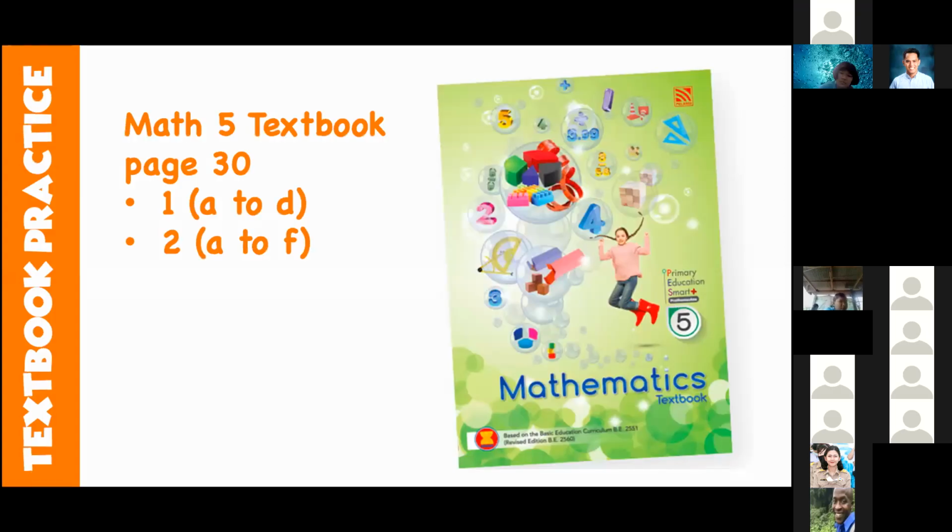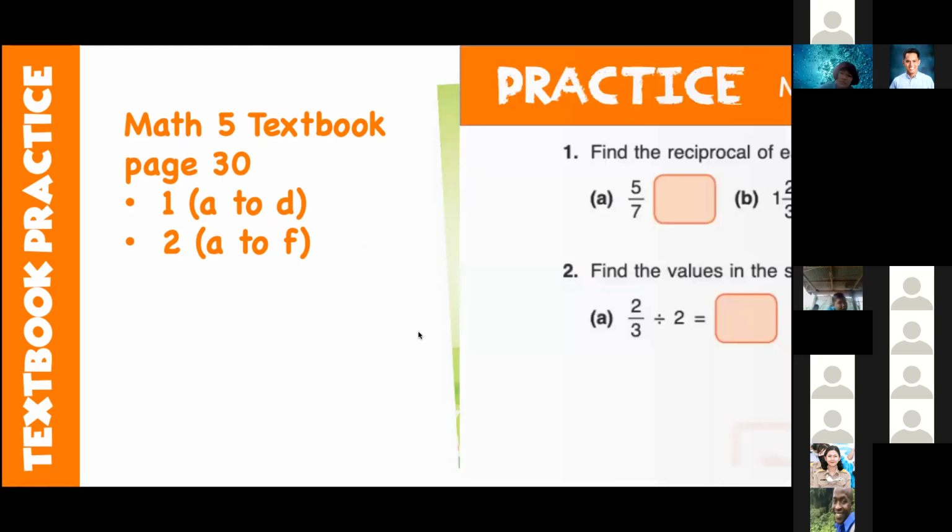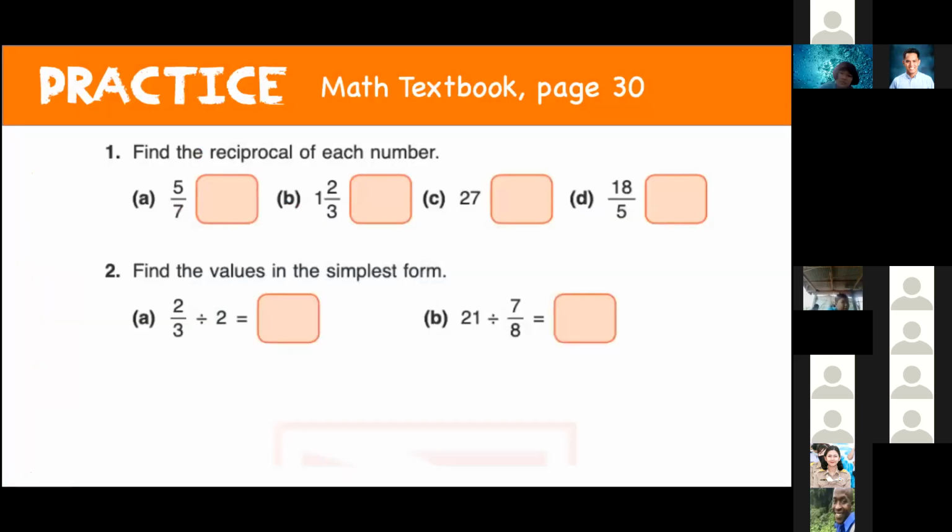Okay, Math 5 textbook, page 30, you will answer number 1, A to D, and number 2, A to F. Okay, so this is what you will see in your book. Okay, this is what you will see for our practice. Math textbook, page 30.